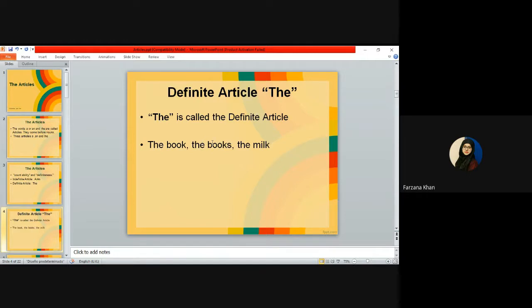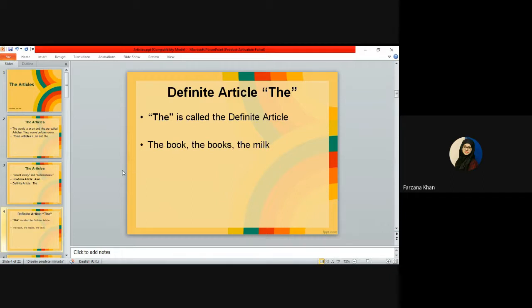The other example is the books. You can see books is a plural countable noun, and the definite article can also be used with plural countable nouns. At the same time, the definite article can also be used with uncountable nouns. Here you can see milk. It is an uncountable noun. So the milk can be used.